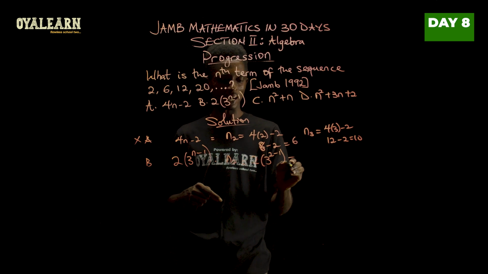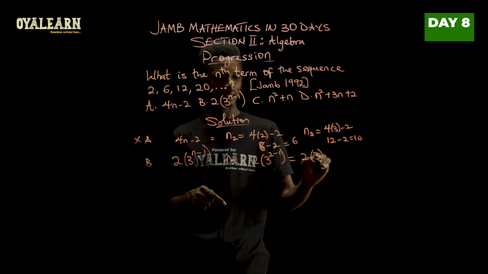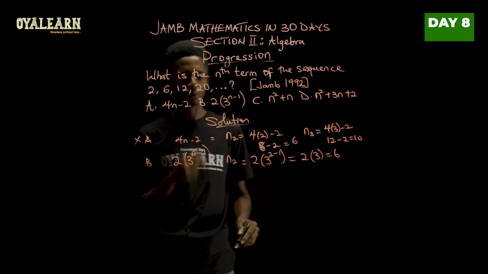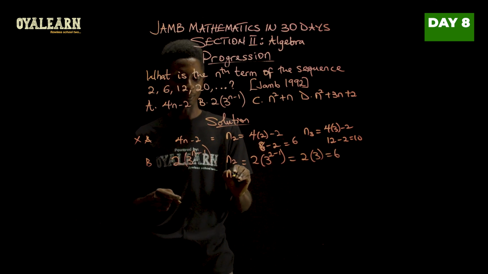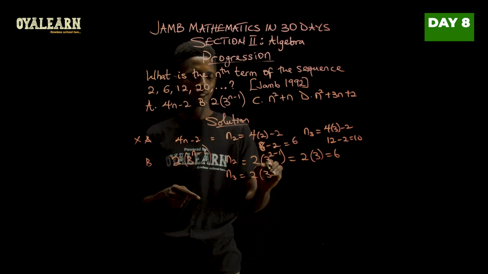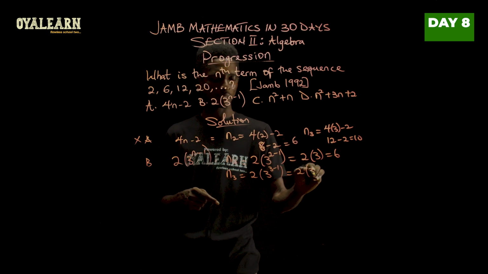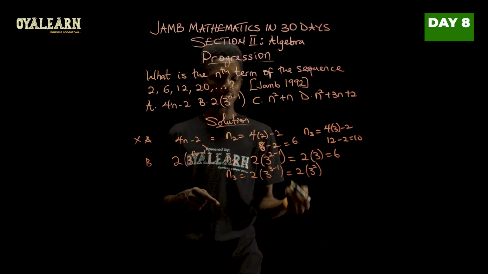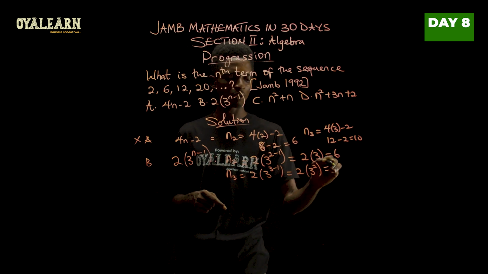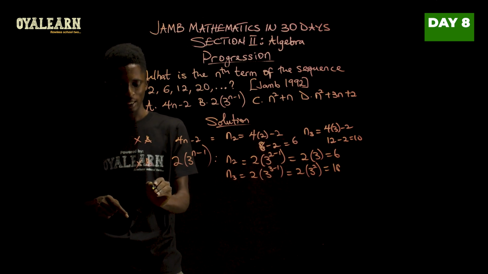Testing this out, this will give us 2 open bracket 3, and this will give us 6. Yes, we get the second term. Now, let's see the third term. For the third term, that will be 2 into 3 to the power 3 minus 1, which gives you 2 into 3 squared. 3 squared is 9. 9 times 2 will give you 18. So option B is not correct. Now, option C.